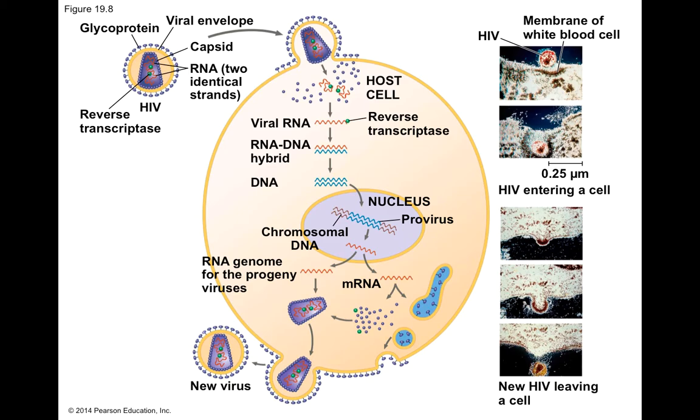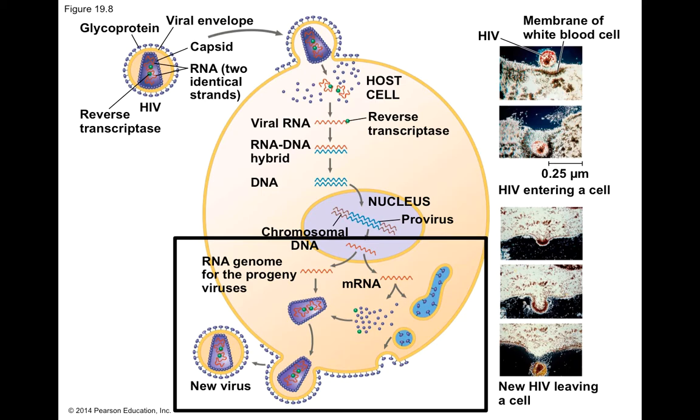After the virus enters the host cell, it releases the RNA and enzymes. Reverse transcriptase will make double-stranded DNA from the RNA. The DNA will then enter the nucleus of the cell and incorporate itself into the host cell's DNA. The viral DNA is now called a provirus.